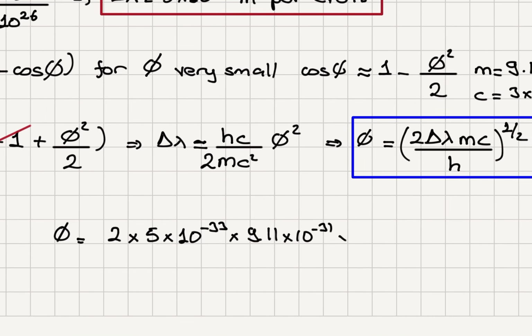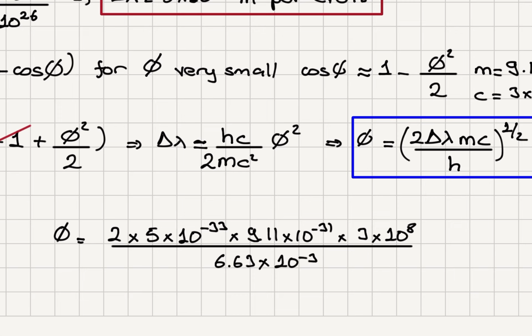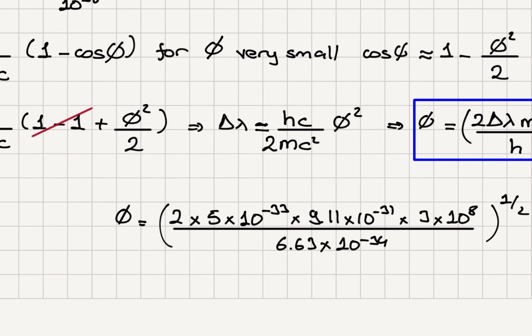Speed of light, 3 times 10^8 meters per second, divided by Planck's constant, 6.63 times 10^-34 joule seconds, all to the power 1/2, gives us for the scattering angle phi, 6.4 times 10^-11 radians.